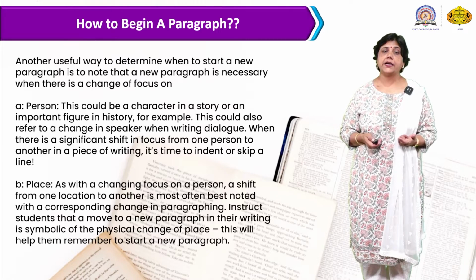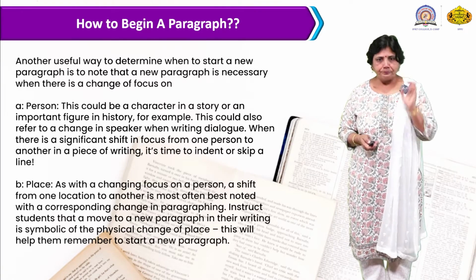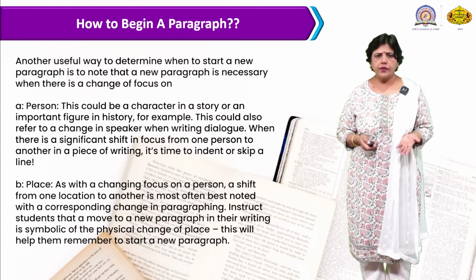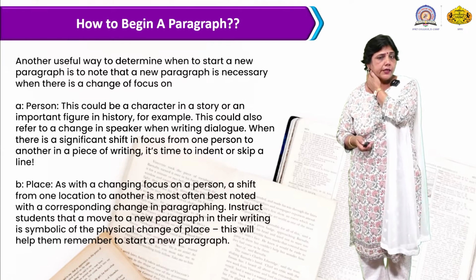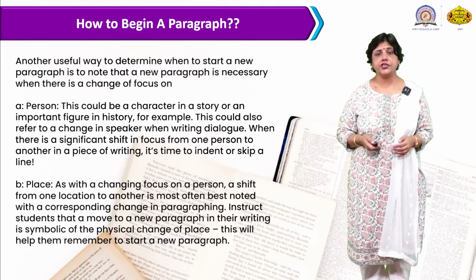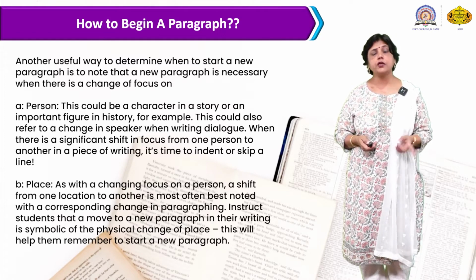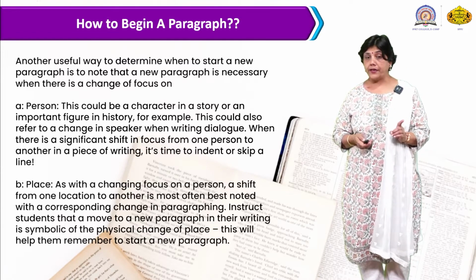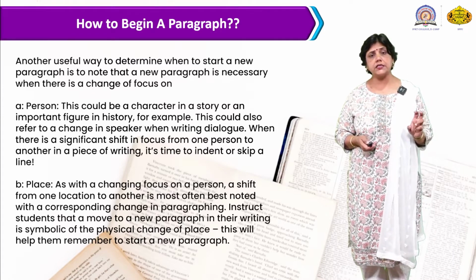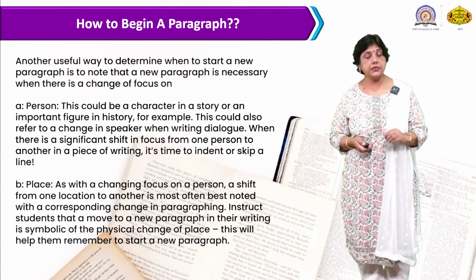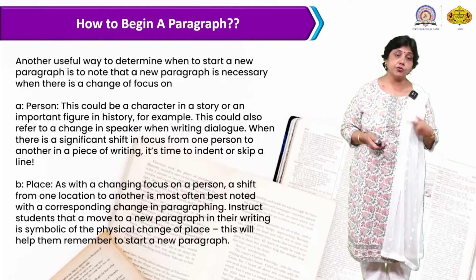Instruct students that a move to a new paragraph in their writing is symbolic of the physical change of place. This will help them remember to start a new paragraph. So the first change I told, if focus is shifted from A person to B person. Second is when there is a focus change from A location to B location.